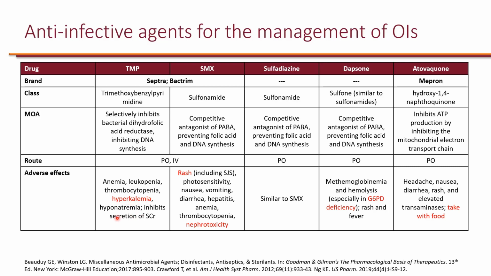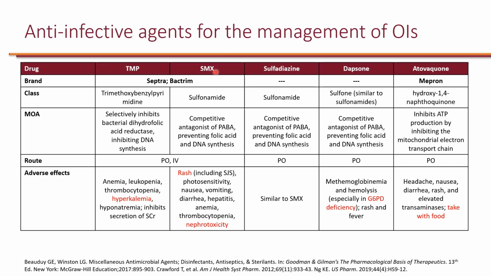Trimethoprim can also inhibit the secretion of serum creatinine, so it can artificially increase serum creatinine levels without affecting GFR. So that's just an artifact. But the most important is really to keep an eye on the hyperkalemia when it comes to monitoring of trimethoprim. Other adverse effects are not really as common for trimethoprim.